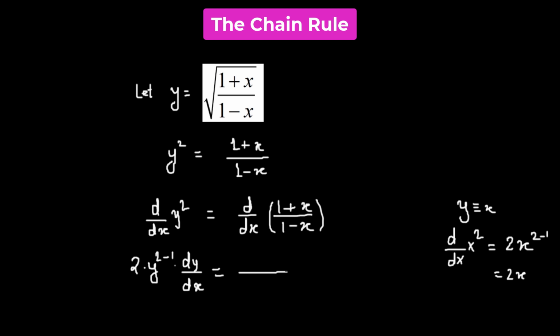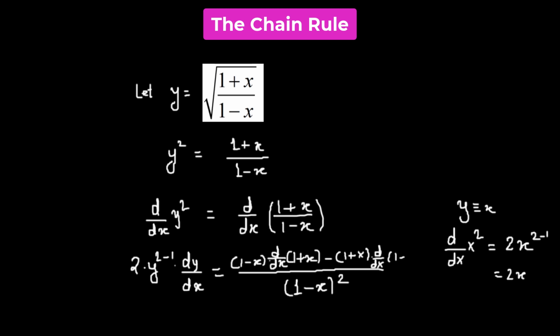Now for the right hand side, we can apply the quotient rule to find the derivative. So we have 1 minus x in the denominator, so we take it and square it and write it in the denominator. Then we begin with the same denominator 1 minus x and multiply it by the derivative of the numerator, which is 1 plus x, minus 1 plus x multiplied by the derivative of 1 minus x.